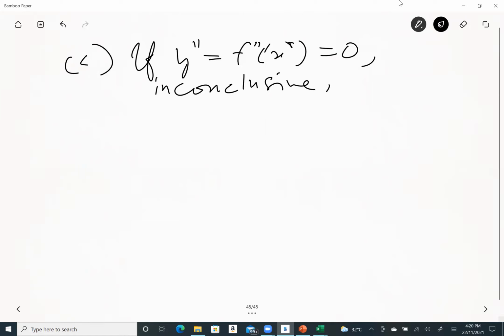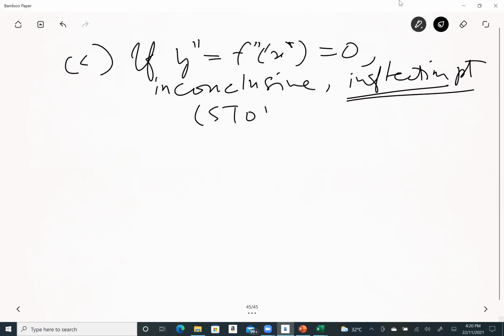We may have an inflection point, but if we have time, we look at what an inflection point is later on. So if you have equal to 0, we stop here. You don't conclude anything. Of course, this is not important. If you get f double prime equal to 0, that's it, stop. You cannot determine maximum or minimum.